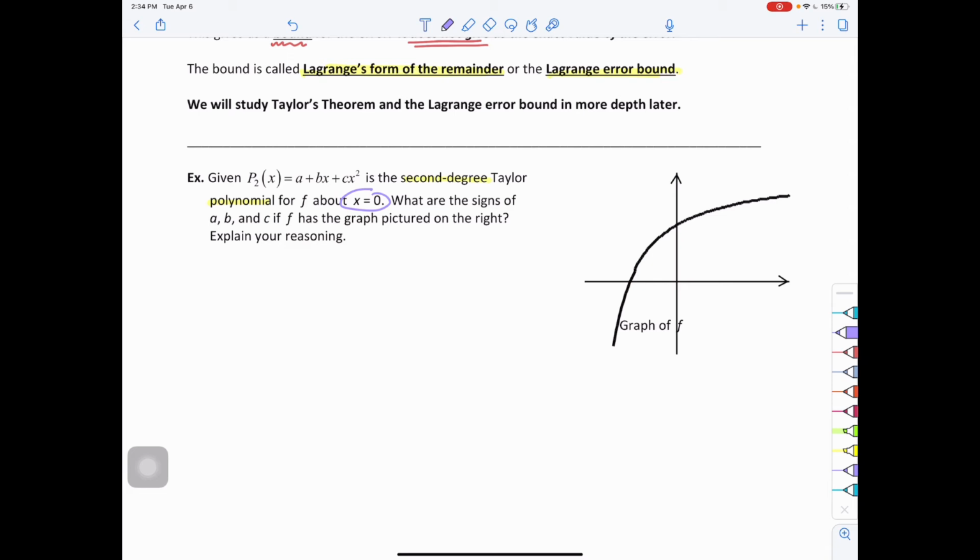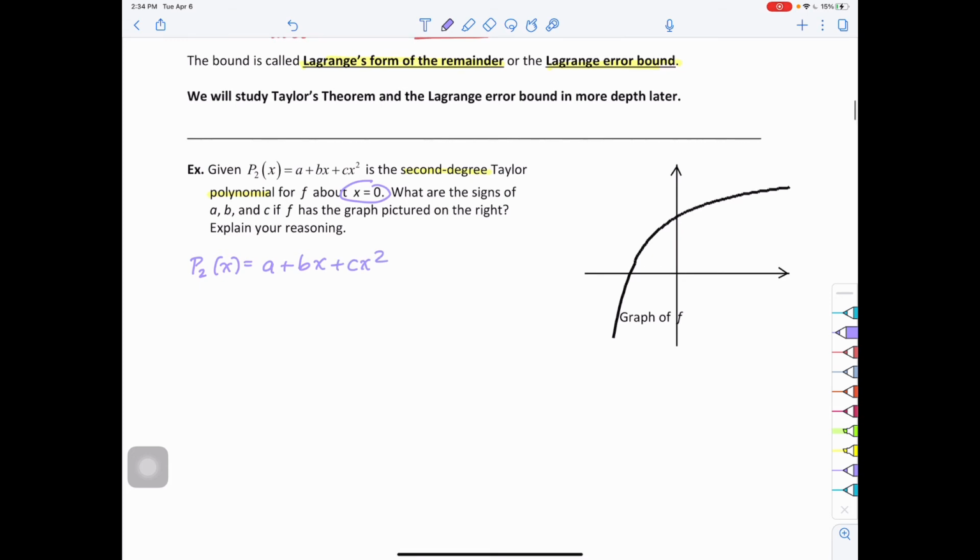Well, let's go ahead and write that second degree Taylor polynomial. That's a plus bx plus cx squared. Now, a is going to equal f of 0, okay? A is going to equal f of 0. That's your y-intercept.